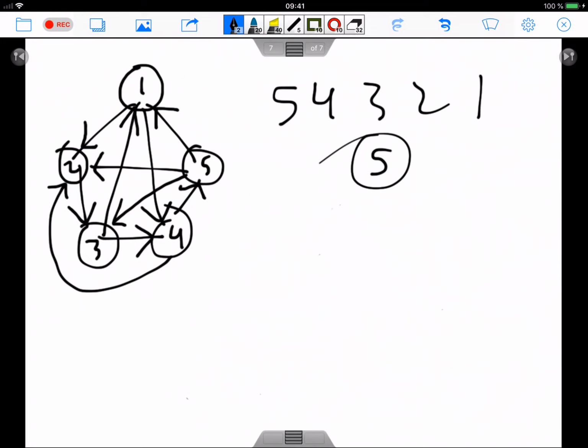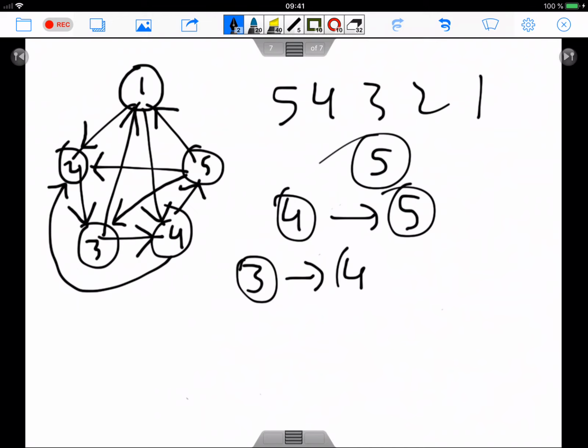Okay, so at the very beginning I insert the 5. Now I try to insert the 4 before the 5, and I can do it because I have that arrow in the graph. Now I try to go from 3 to 4, I can do it. Okay, and then to 5. Now from 2 to 3, I can do that.